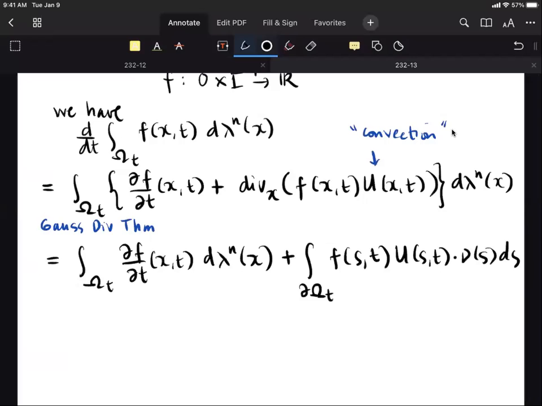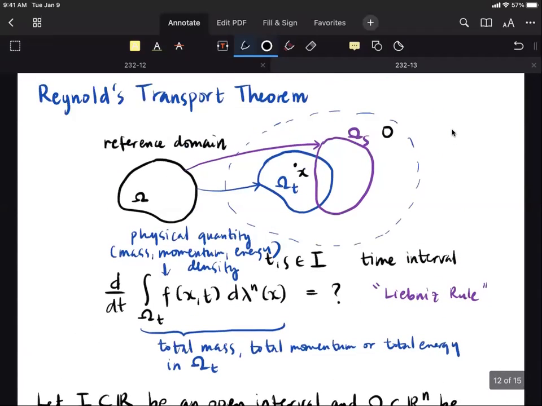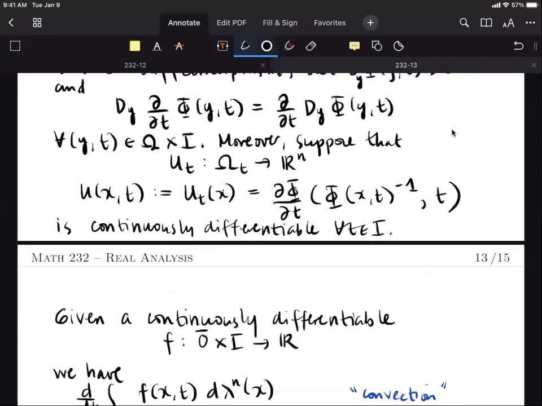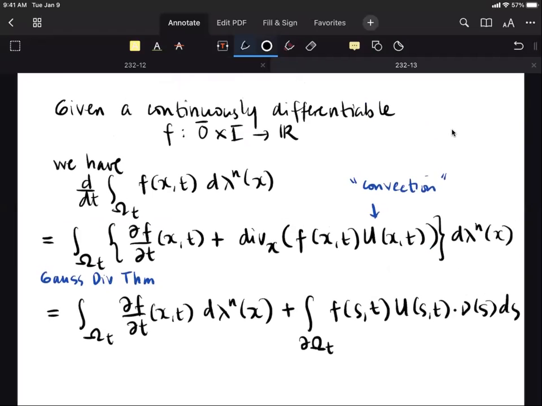Again, nu here is the normal vector outward to omega t. So this is the Reynolds transport theorem.